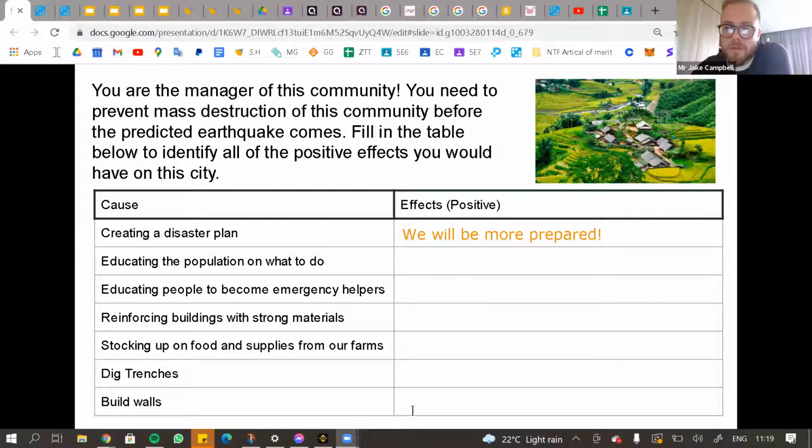All right, class. We're going to move on to the next one. Educating the population on what to do. Katie, can you think of a positive effect from that? There will be less population injured or die. Yeah, nice.